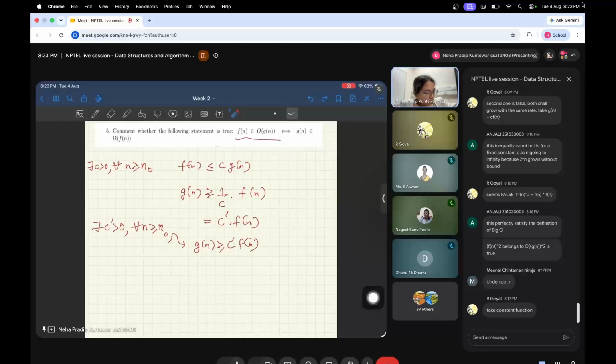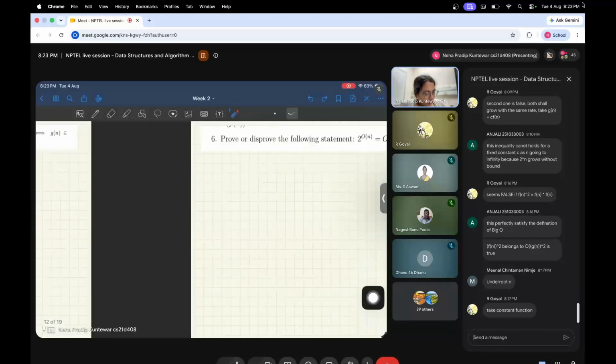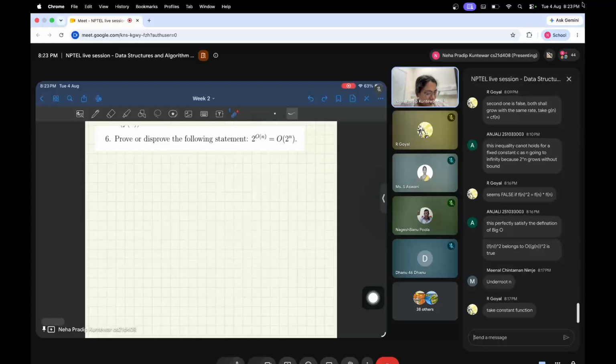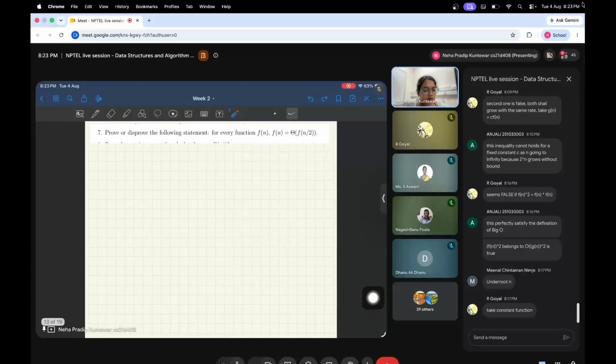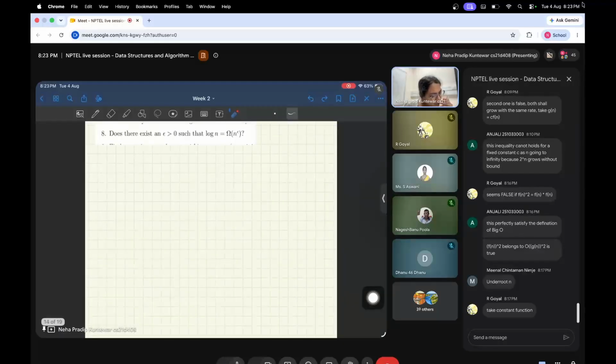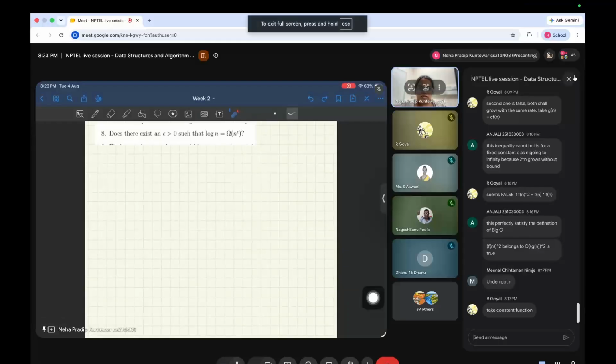Okay, so I will leave this as an exercise, and this one also. Okay, maybe we can take this as a final question on asymptotics, and we can move on to the algorithms part.